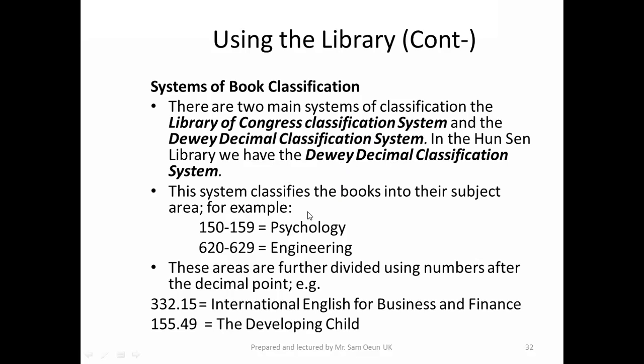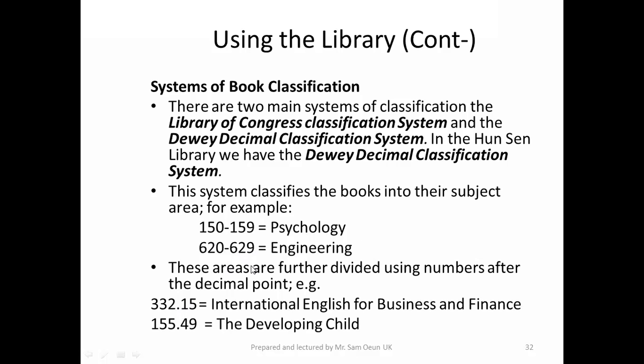For example, you can look at the code. If it's from 150 to 159, the subject is psychology. If it's 620 to 629, the subject is engineering, but it's still broad. So that's why they have decimals.